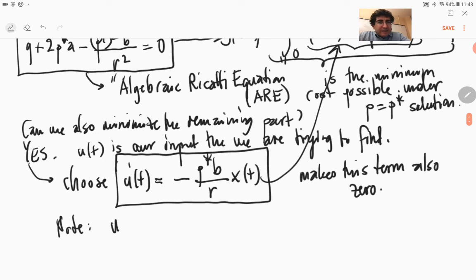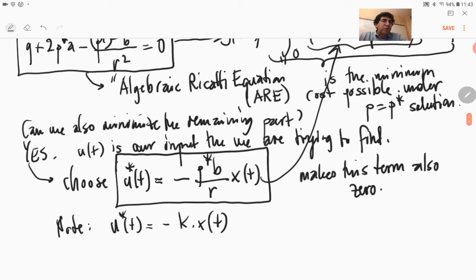So this is our optimal U, and u star of t in this case is equal to minus k times x of t. Why? Because P star is the solution of the algebraic Riccati equation. It's fixed. B is fixed, R is fixed.